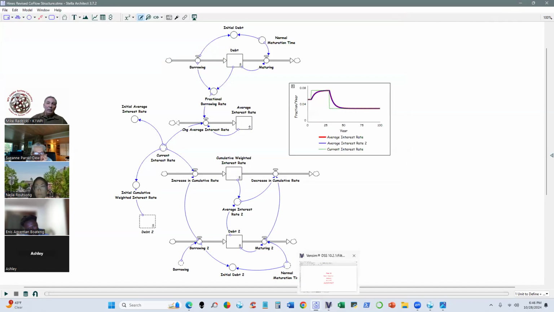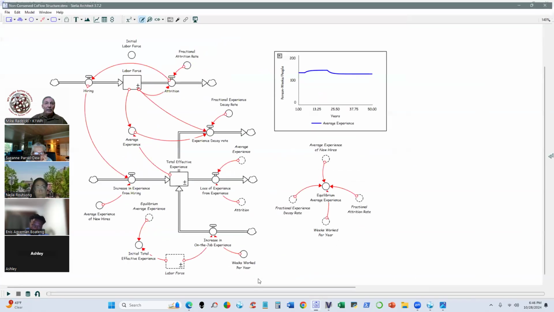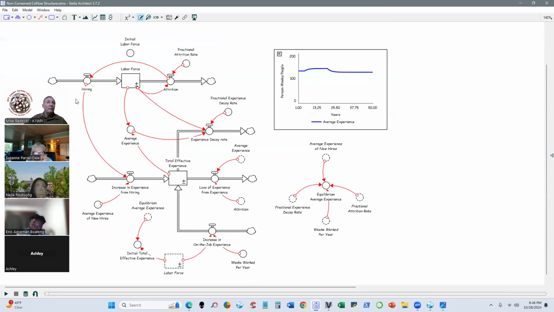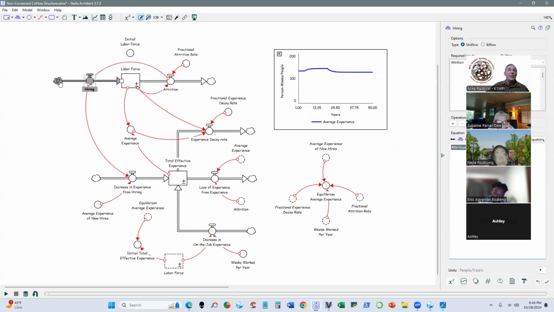What next? Well, sometimes it's more complicated. What do we have here? So now we do have people. Here, this is the increase, over here, labor force. Even though I build these models, I sometimes don't remember.